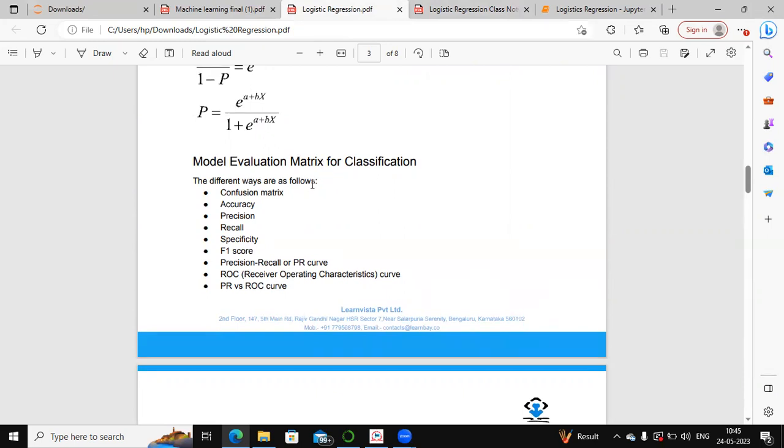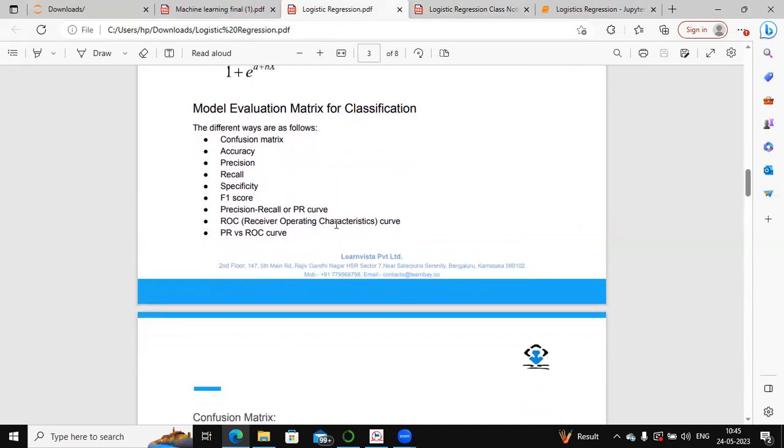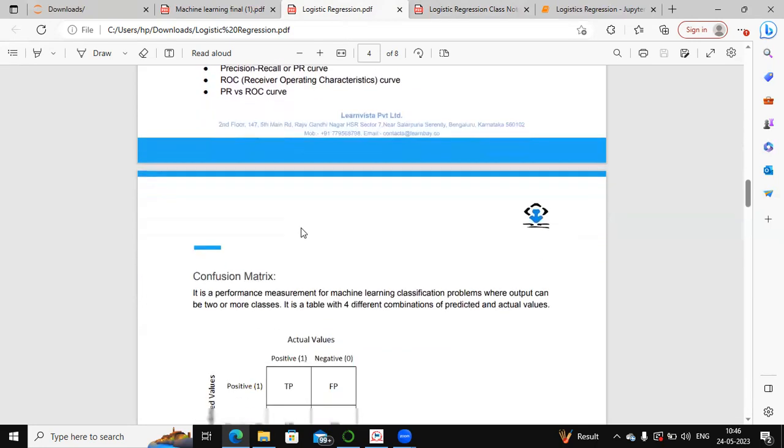There are different ways to evaluate a model for classification: confusion matrix, accuracy, precision, recall, specificity, F1 score, precision-recall or PR curve, ROC curve, that is receiver operating characteristic curve, and AUC, that is area under curve. Then there is PR versus ROC curve.